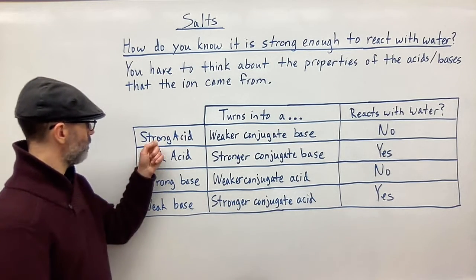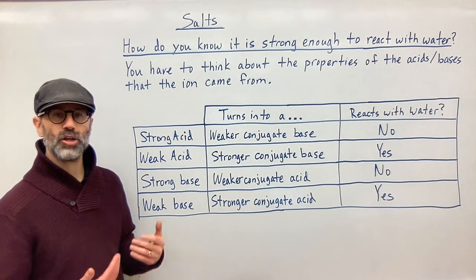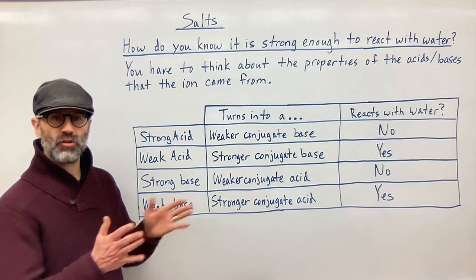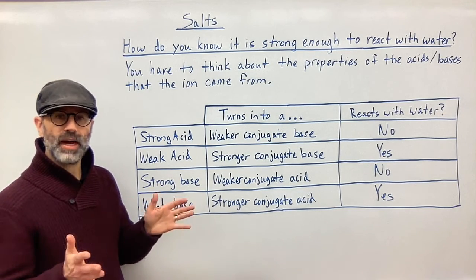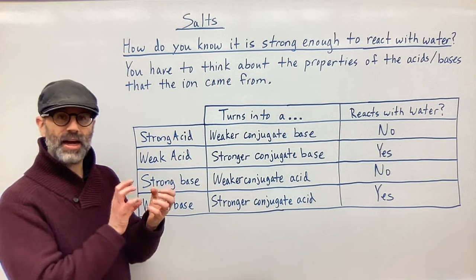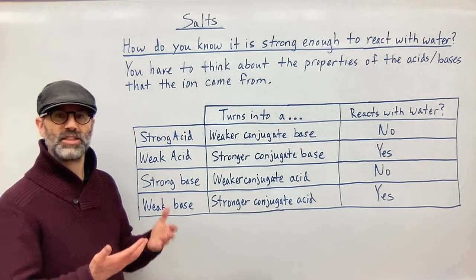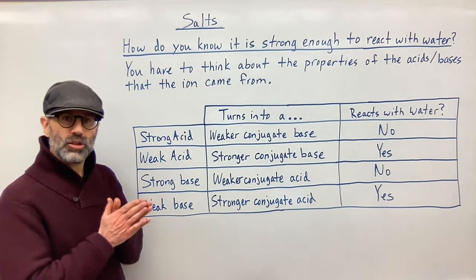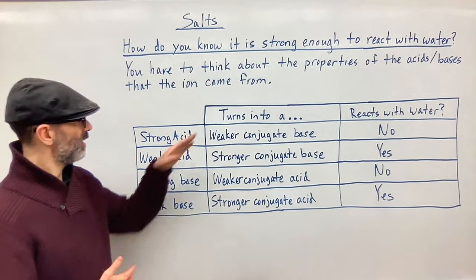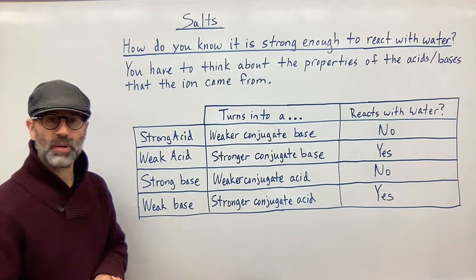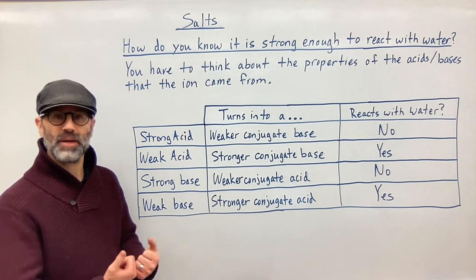And so you can think about it in terms of strong and weak acids. Strong acids are strong because they dissociate or ionize completely in water. They don't want to be together. So, for example, if you have HCl and HCl completely dissociates in water, the chloride ion is that weaker conjugate base, but it's so weak that it's not really going to want to pick up the hydrogen.